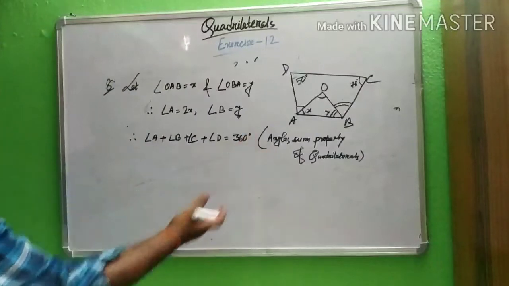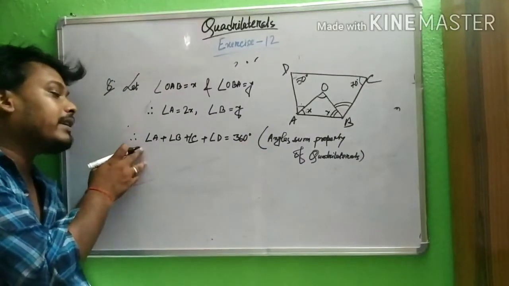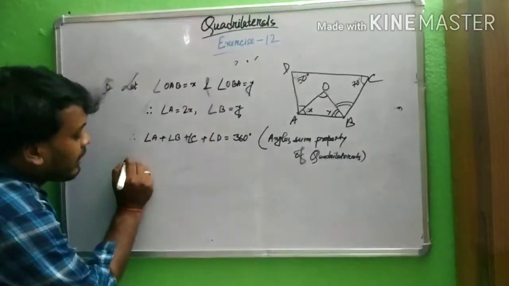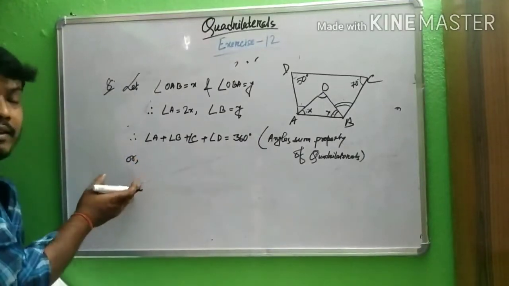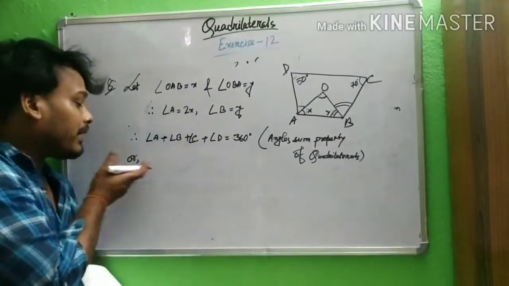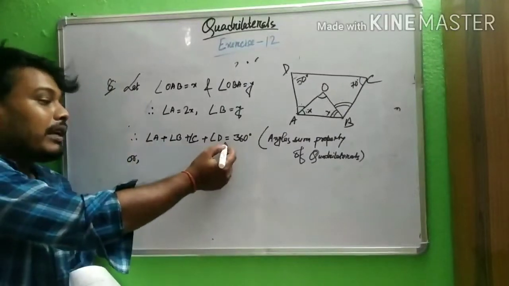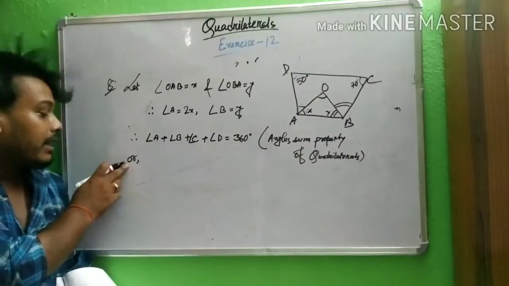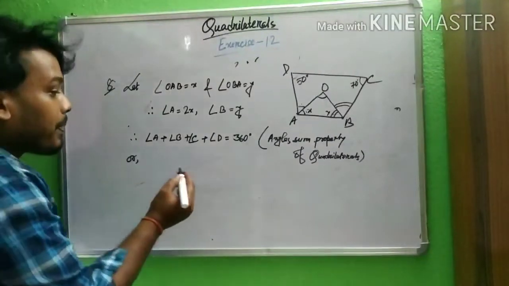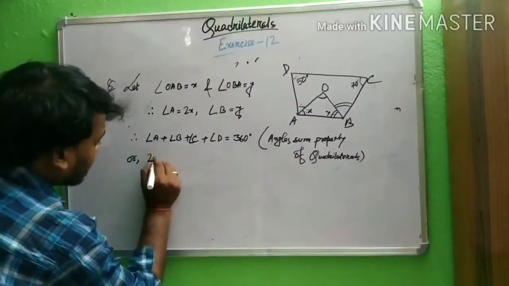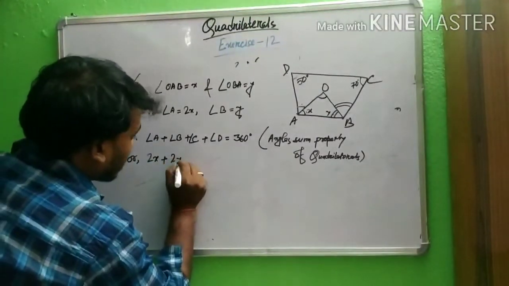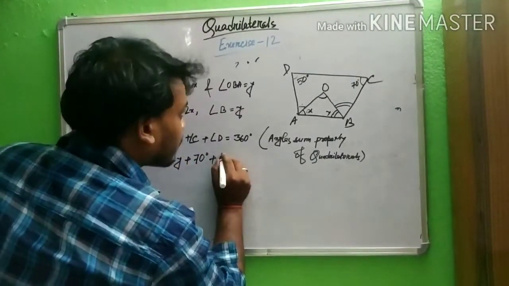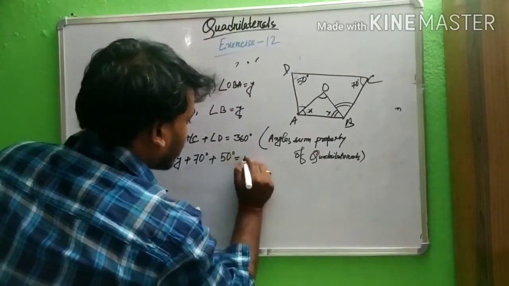So by using the angle sum property of a quadrilateral, we can say that the sum of four angles of a quadrilateral is 360. You can use implies or, but you cannot use equal to here, because it is an equation. So the value of A is 2x, the value of B is 2y, the value of C is 70 degrees, the value of D is 50 degrees, so 360.